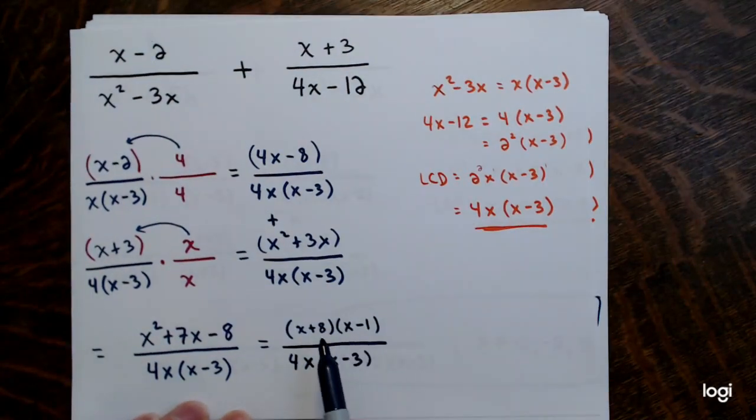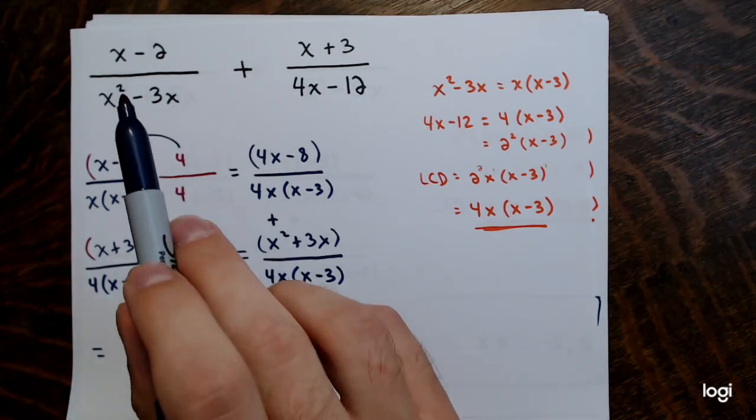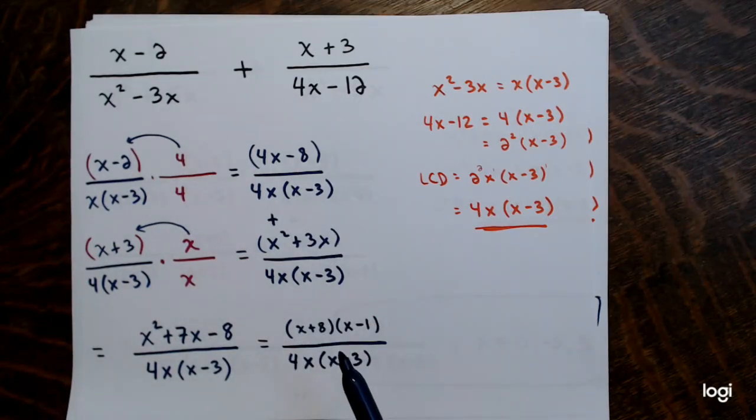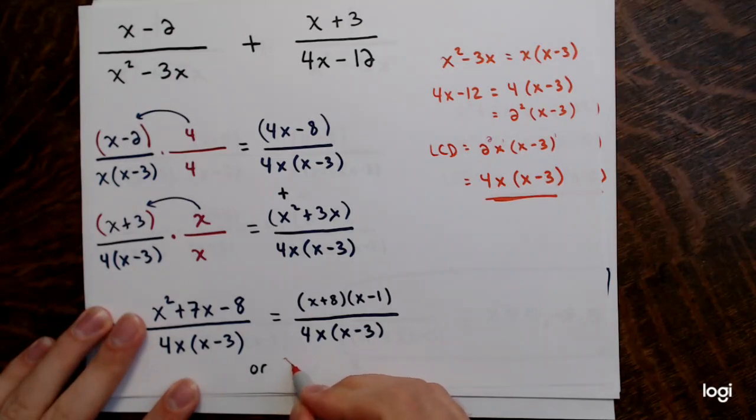And this is great too. This fraction is now, numerator's factored, denominator's factored now. This fraction is the sum of these two. Now I'm not seeing this time any common factors. There's no x plus 8 in the denominator. There's no x minus 1 in the denominator. So this is great. All right. So you can leave it like this, or if you want, actually keep the numerator the way it was.